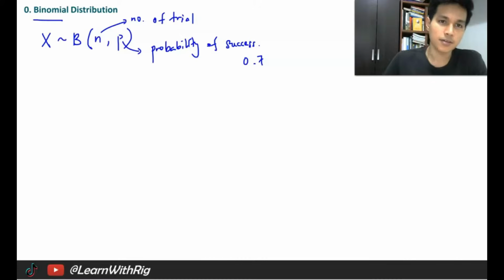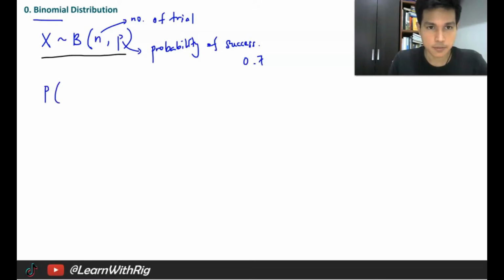Now this is just how you express binomial. But you also have to know the formula to calculate the probability. So what is the formula? The formula for binomial is like this: P(X = r). First of all, P means probability. In the past you learned probability, we always write P and a bracket with something inside, meaning you want to find the probability of whatever is inside the bracket.